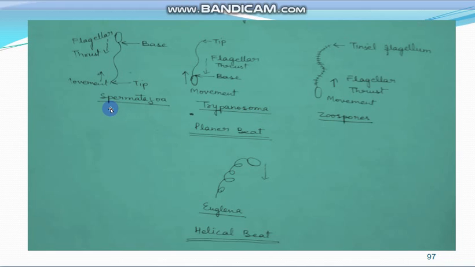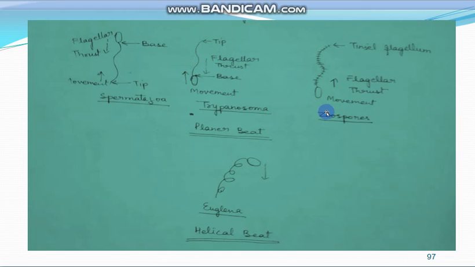So this is in case of the spermatozoa or the sperm, and this is the tip and this is the base. So here the movement is from base to tip, and here also this is the flagellum thrust and this is the arrow showing the movement.